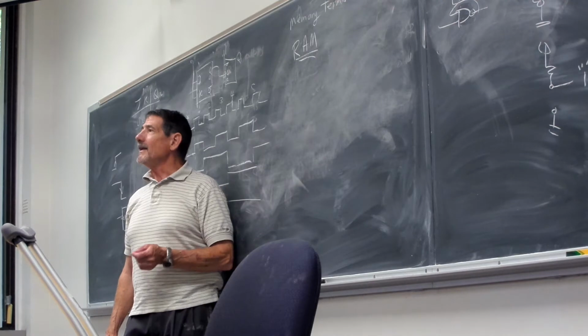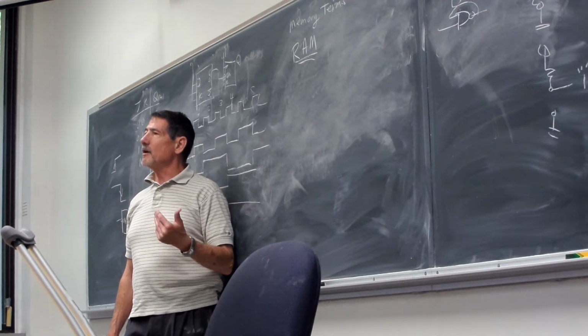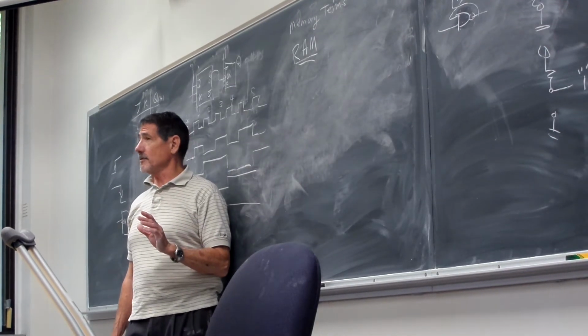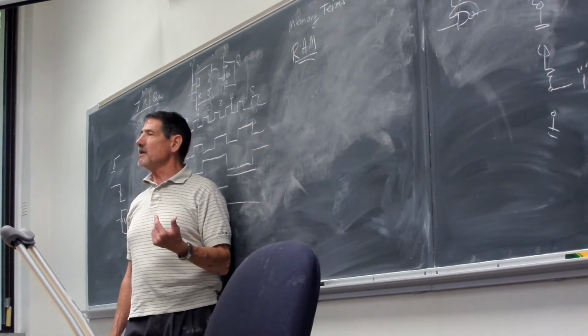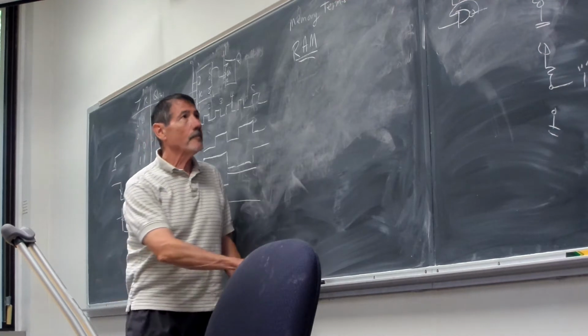Okay. Now, random access is slightly a bit of a misnomer. Yes, it's random access. We're going to find out other memories are random access as well. But random access really means read and write memory.